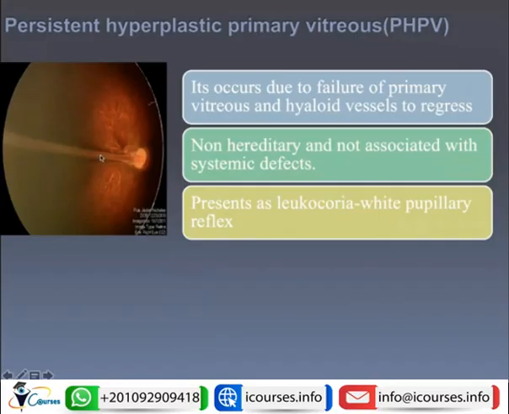This is usually non-hereditary, so it is not associated with systemic defects, but it is associated with other ocular defects like small eye or microphthalmos, and cataract and leukocoria. So these patients will present with leukocoria.